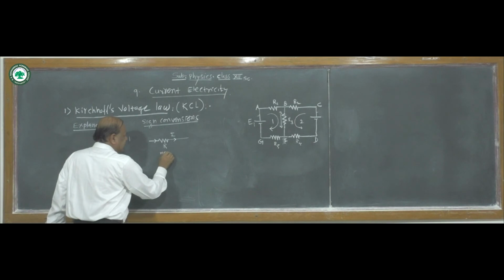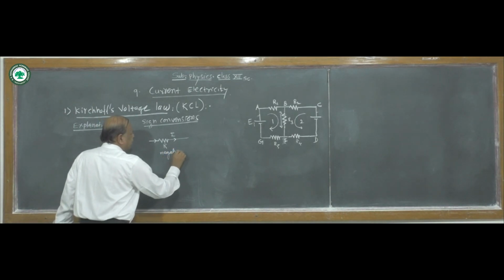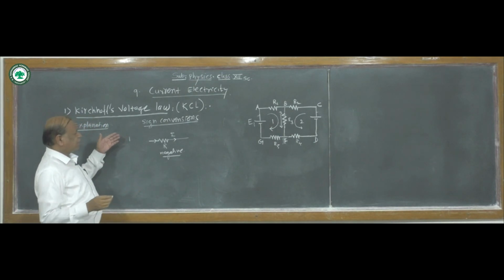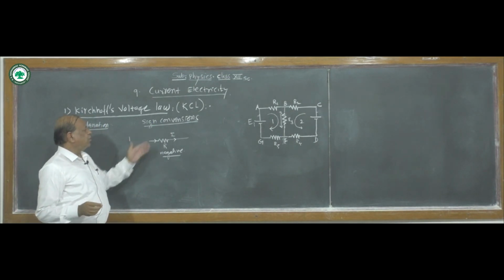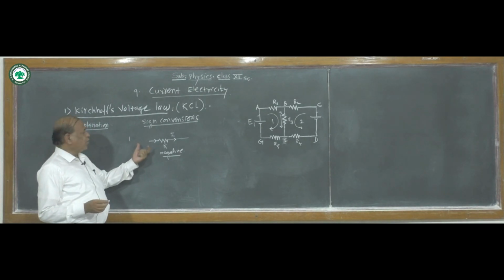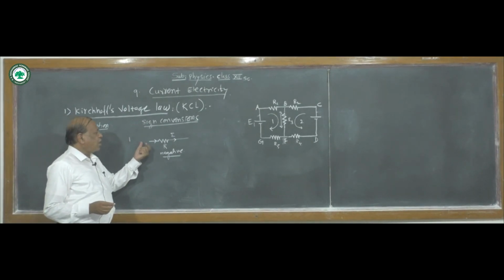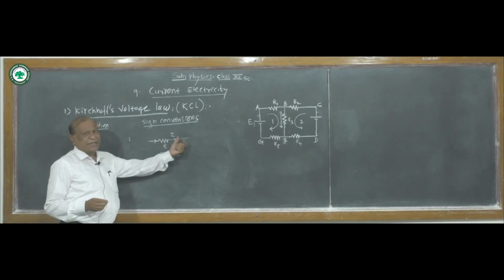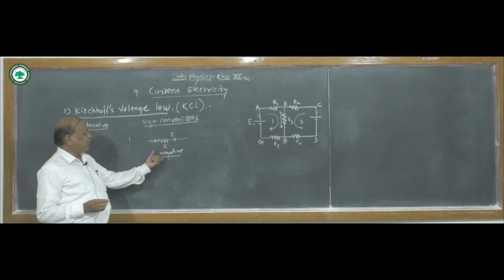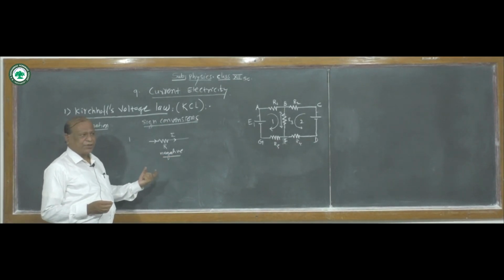as negative. This is the first sign convention. Now here, the PD across this conductor, when we are traveling along the direction of the current flowing through it, that is the conventional current, is treated as negative.